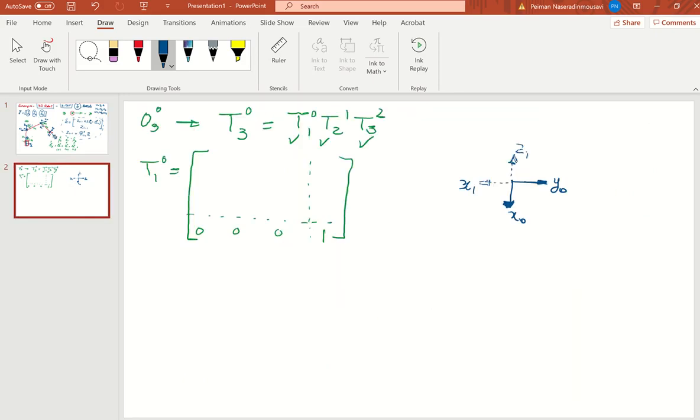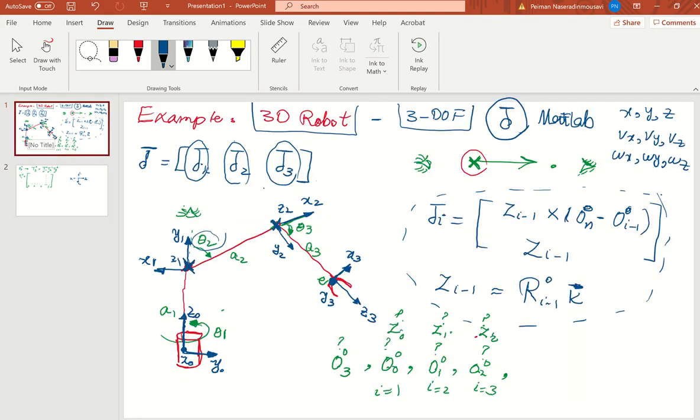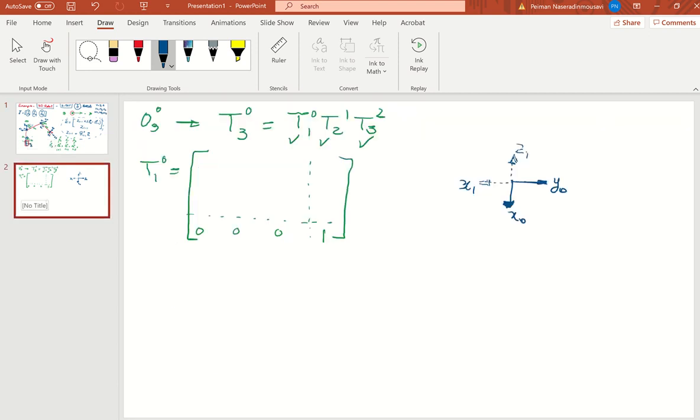That's right. So after rotating frame 1 based on the rotation theta 1, these z and y are rotating like this, guys. This is going to be your new z1, and this is going to be x1.